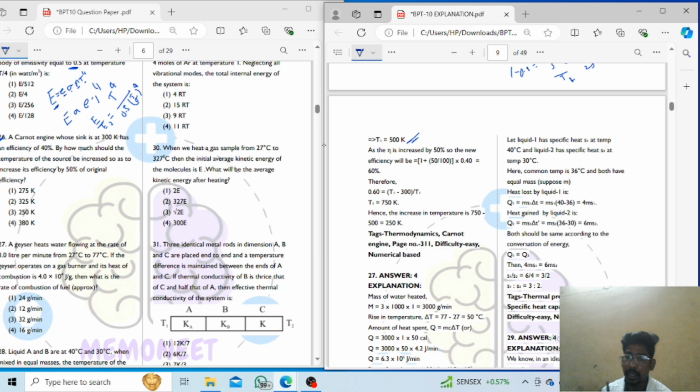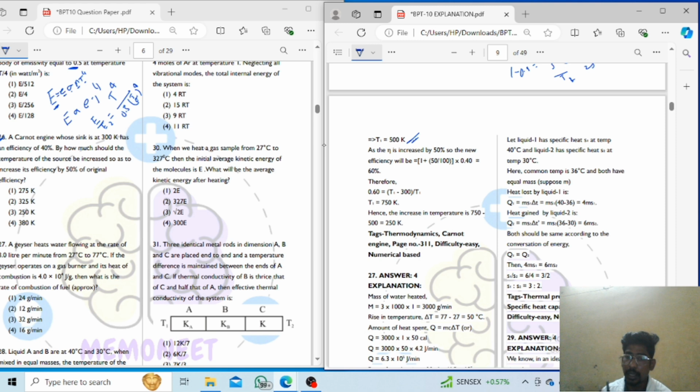So the total energy will be the energy of oxygen plus the energy of argon. Now put all the values of f. Argon is an inert gas, so it is a monoatomic gas, and oxygen is a diatomic gas. For diatomic gas, f is 5, and for monoatomic gas, f is 3.